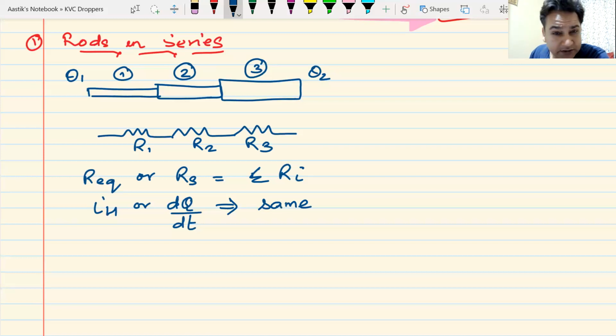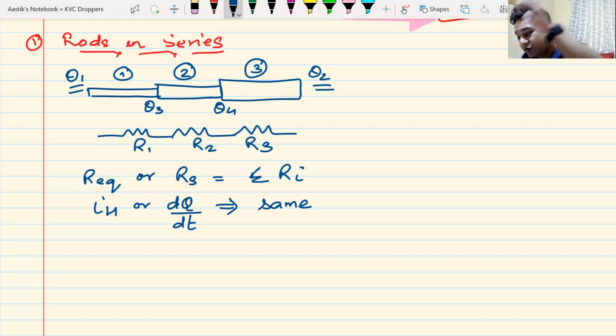But the potential difference between the rods will differ. So if I call this temperature theta 1, this theta 2, this theta 3, this theta 4, theta 3 and theta 4 will be different. The temperature difference would be different. So theta 1 minus theta 3 will be different, theta 3 minus theta 4 will be different, and theta 4 minus theta 2 will be different, depending on the resistance of these rods. Yes or no? Do we understand this?